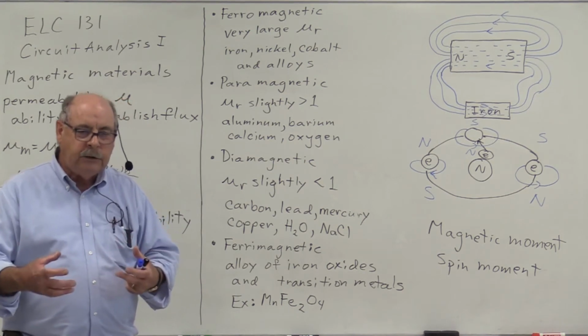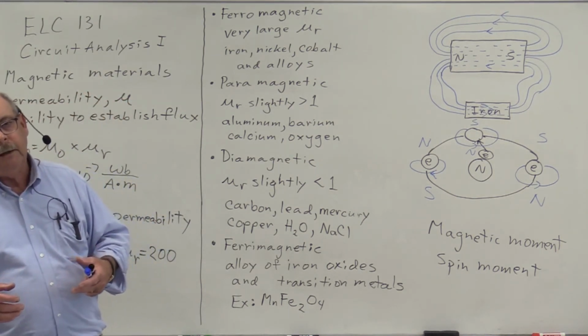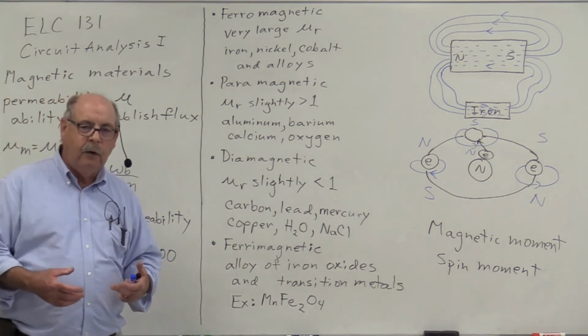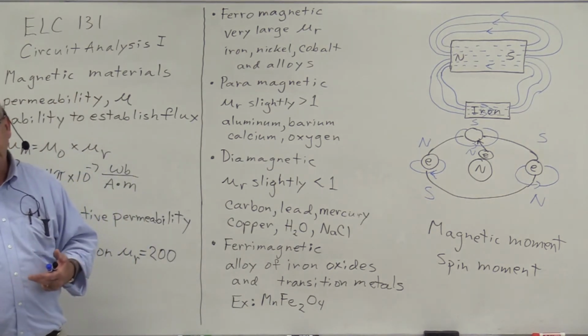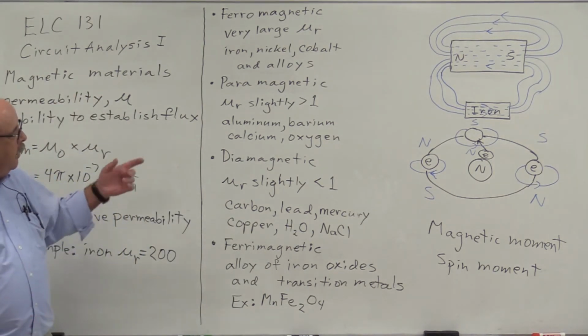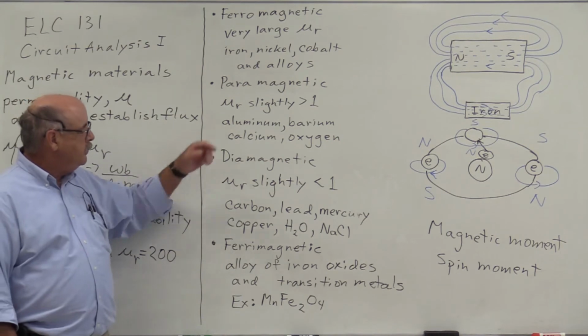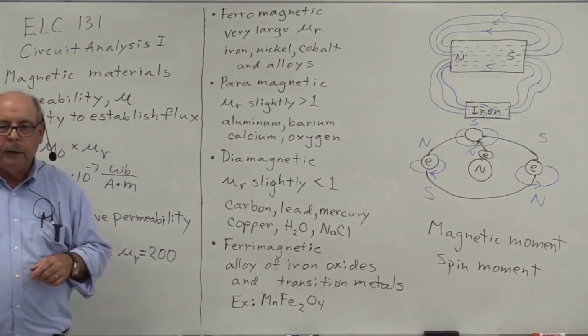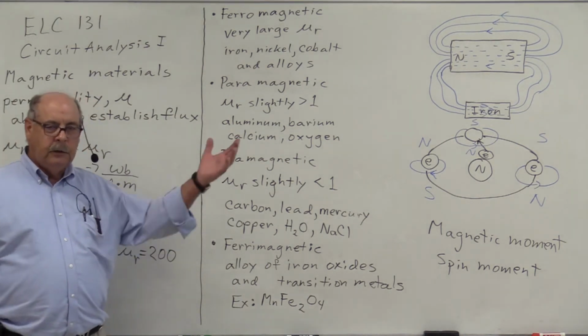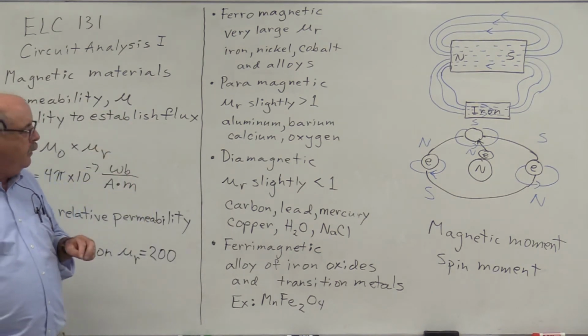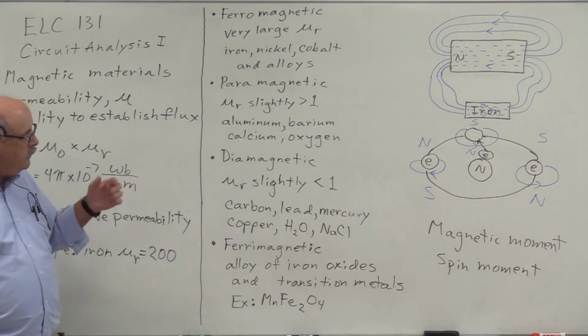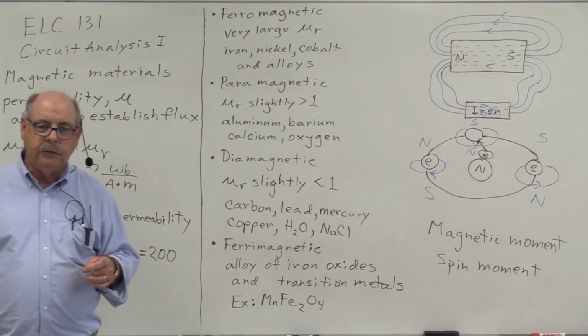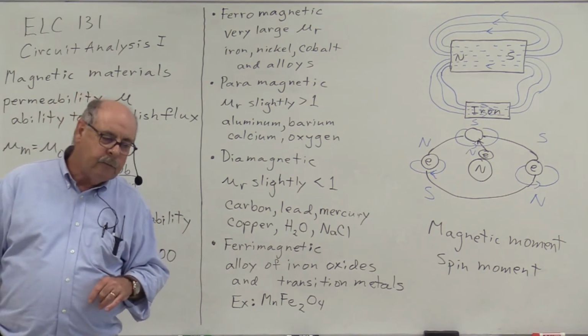However, the attraction is not great enough to overcome the force of gravity. So included in our list of paramagnetic materials, of course, aluminum, barium, calcium, oxygen. There's a great many other elements and materials that fall in this category.